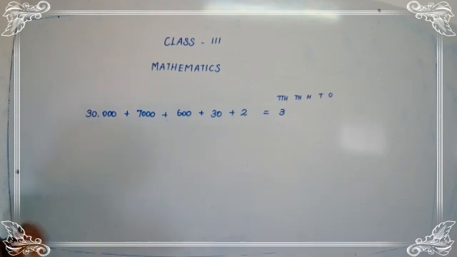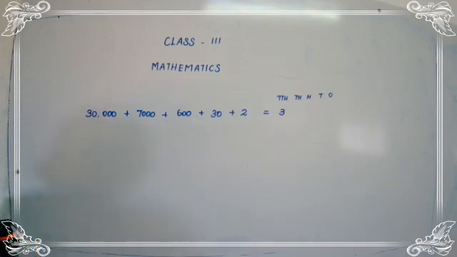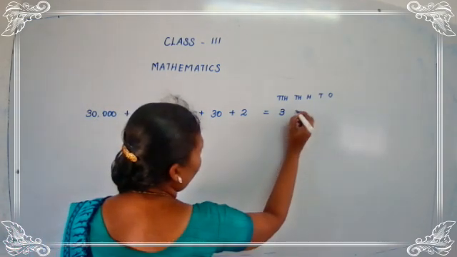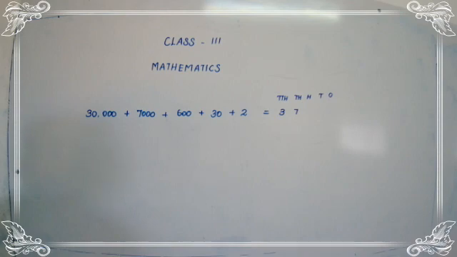Then see the thousands place. 7,000. So you take and write the 7 in the thousands place. How many hundreds are here? 600. 6 is in which place? The hundreds place.